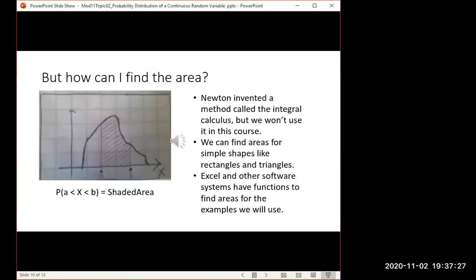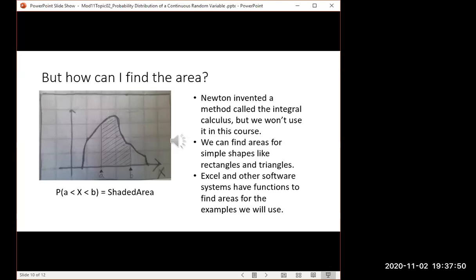So, working with these continuous probability density functions is going to require us to find areas underneath them. And so you must be worried, well, how can I find the area underneath an arbitrary curve?